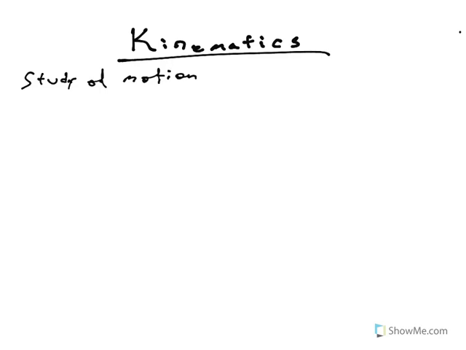Now, the first big characteristic we need to know has the variable x, and it's the distance. Sometimes you'll also see it as displacement or position.